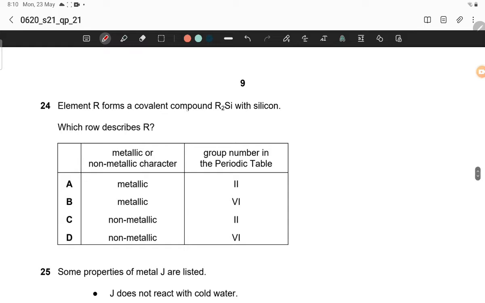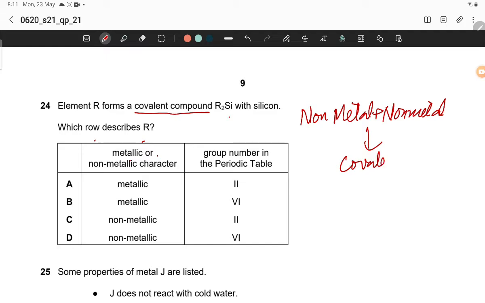Element R forms a covalent compound R2Si. Which row describes R? Non-metal plus non-metal forms a covalent compound.